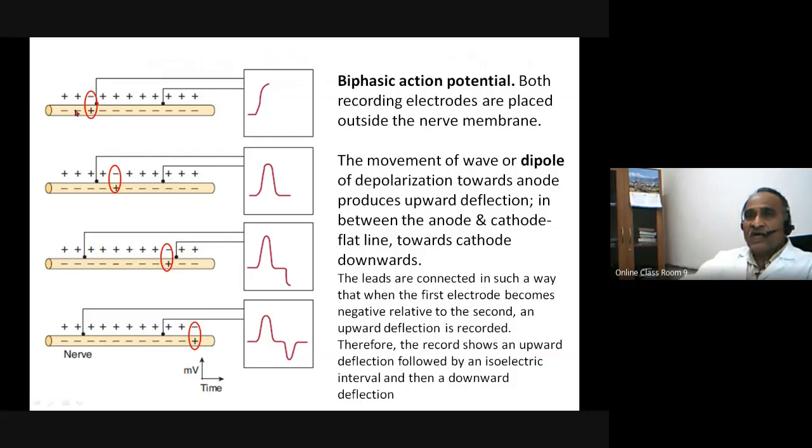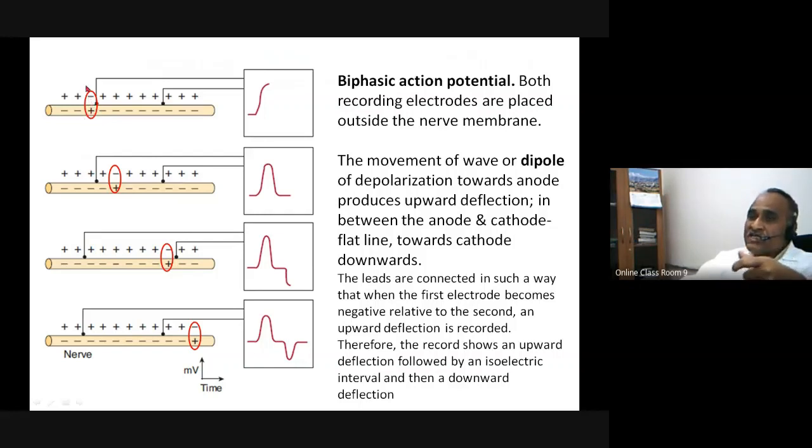So now what happens if I stimulate here? Once I stimulate, a wave of depolarization is produced. This is the wave of depolarization. Now, what is this wave of depolarization? It is the change in the polarity of the membrane. The outside becomes negative, inside becomes positive, and outside it is negative.